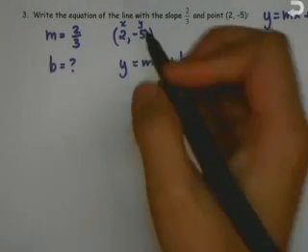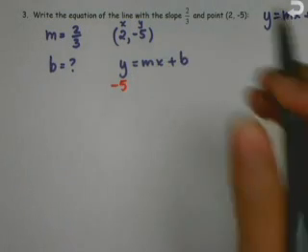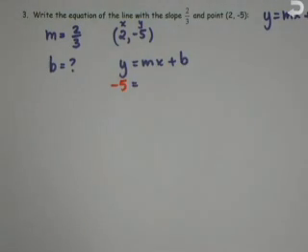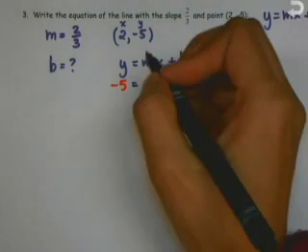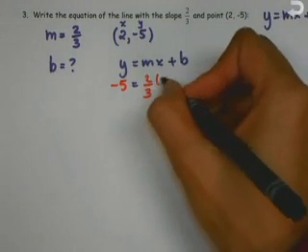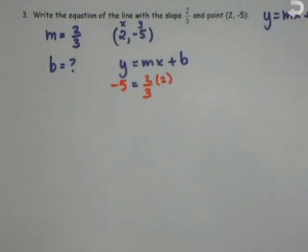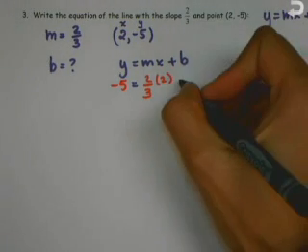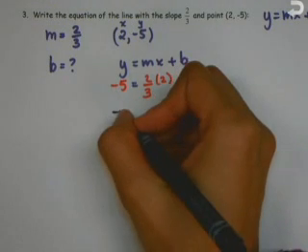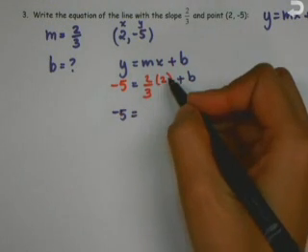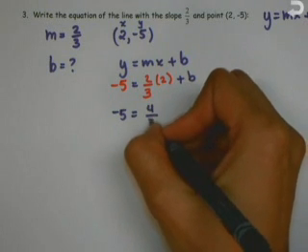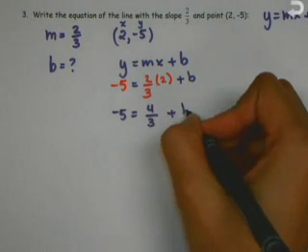Y, in this case, is negative 5. And our m is 2/3. Our x we have multiplied by 2. And plus b. So let's solve and work that out. This side is negative 5 equals 2/3 times 2. That's 2 times 2, which is 4/3, plus our b.